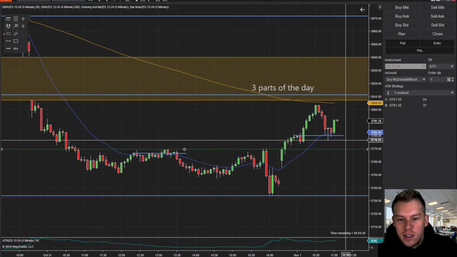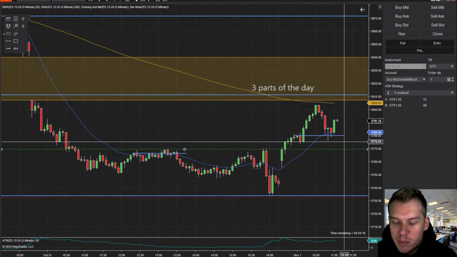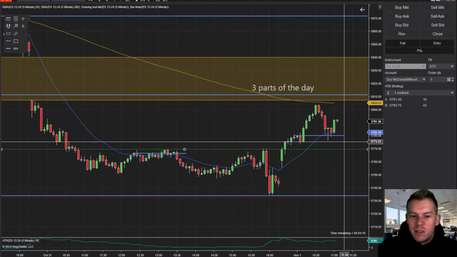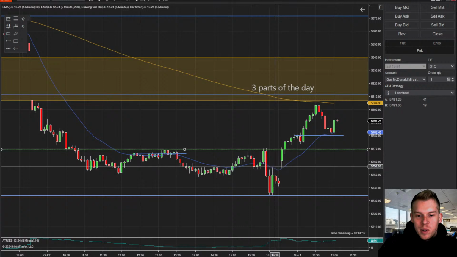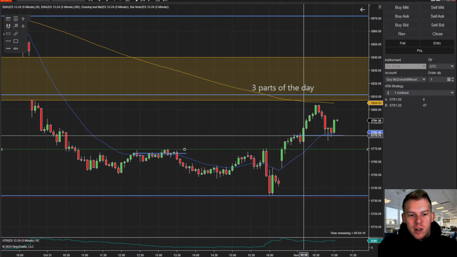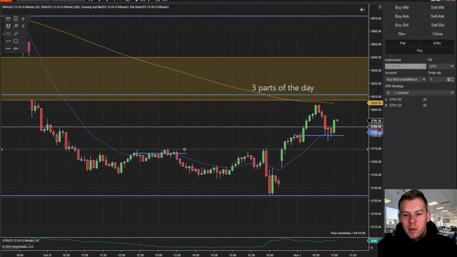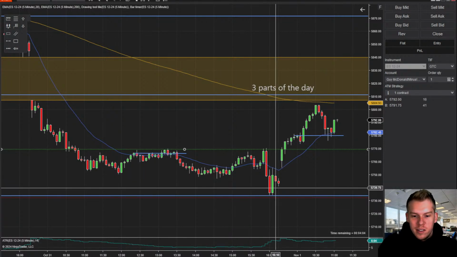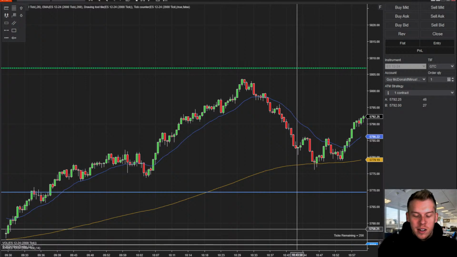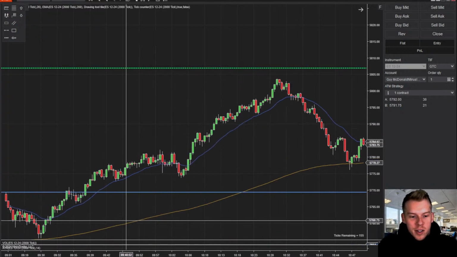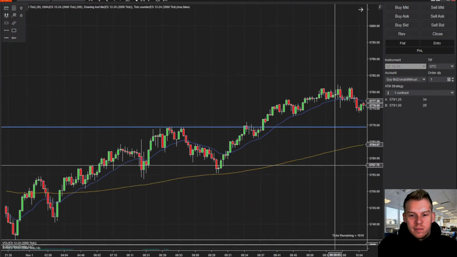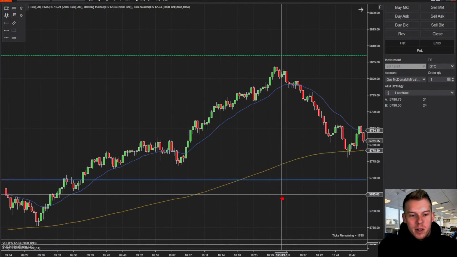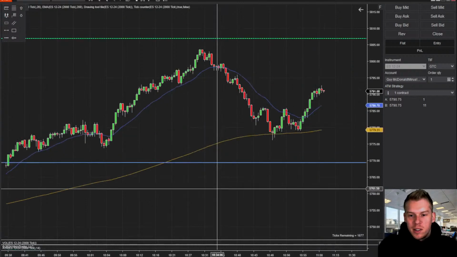It's the bigger picture, and setting up my chart this way, I feel like I have a better grasp on the bigger picture. And if I ever want to check overnight, I can just go to my 2000 tick, and the 2000 tick I have set as the overnight. So if I ever want to see what happened overnight, I can just click over here and I can see that.